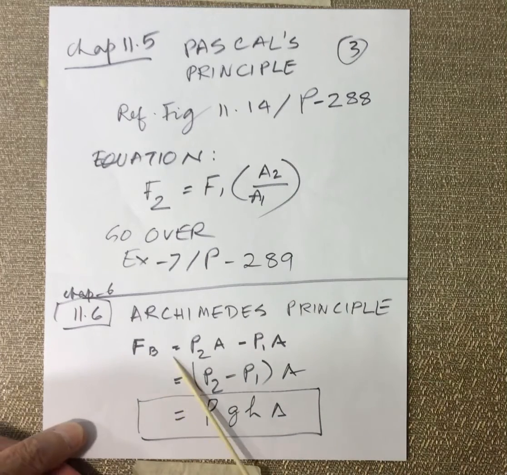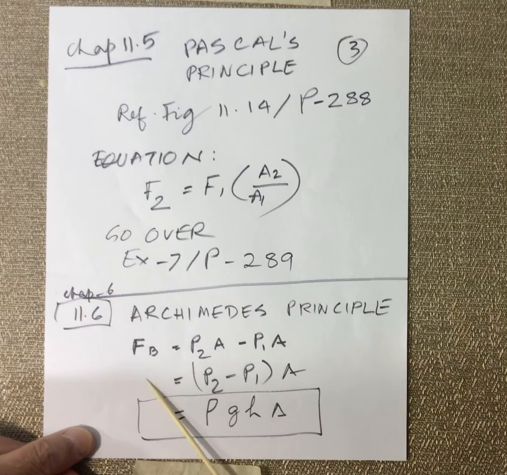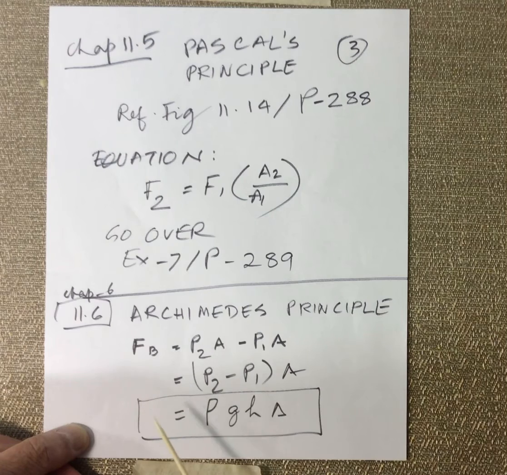So that's the buoyant force and buoyancy. So FB equals P2 times cross-sectional area, take away P1 times cross-sectional area. So the difference of these two, pressure times cross-sectional area, will give you the difference in force, which is rho, g, h, and A.